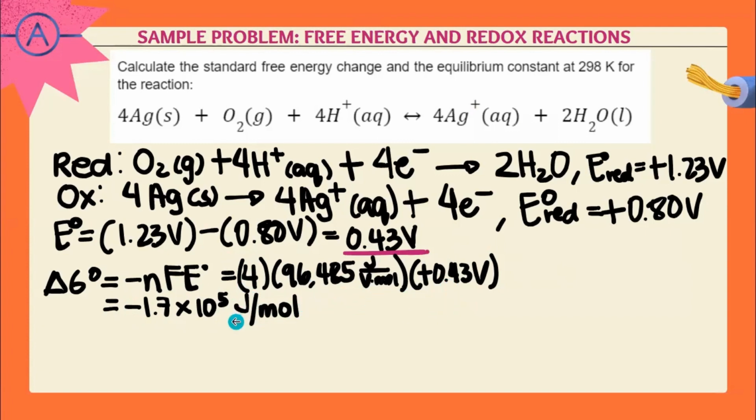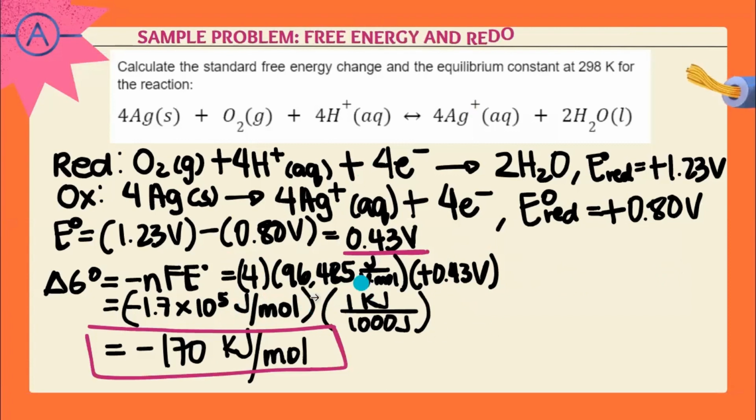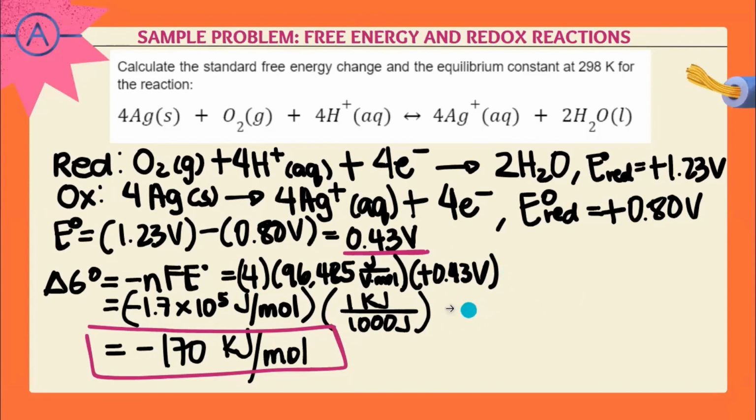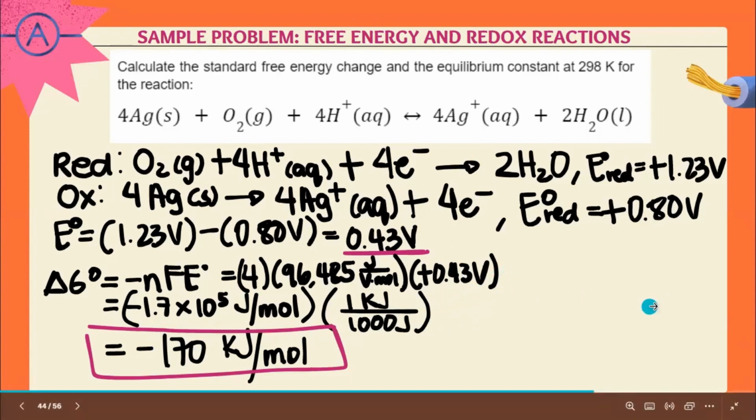However, the Gibbs free energy standard units are in kilojoules, so we change joules into kilojoules by dividing by 1,000, since 1 kilojoule is equal to 1,000 joules. So we now get a value of negative 170 kilojoules per mole for our delta G.